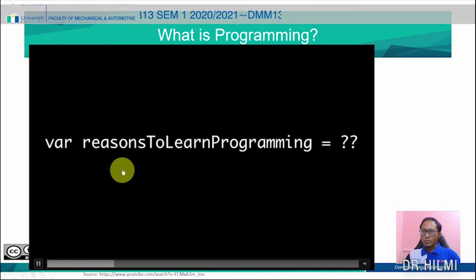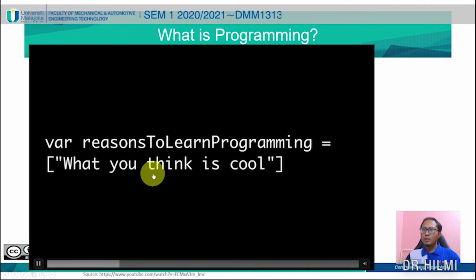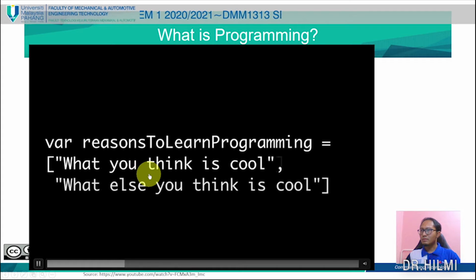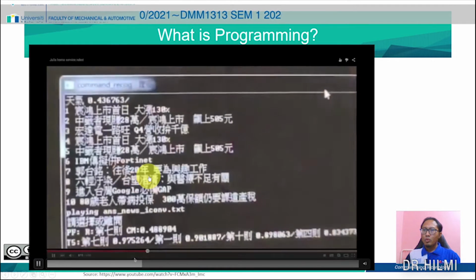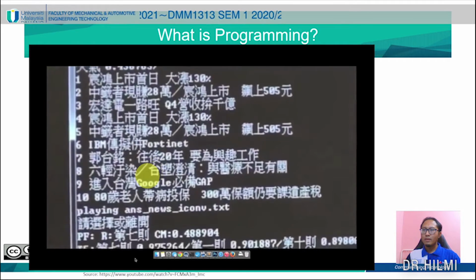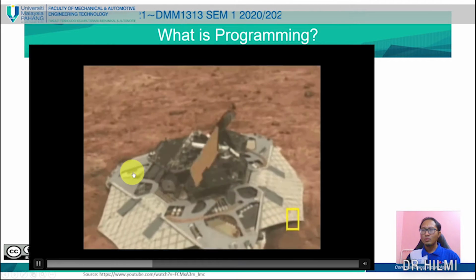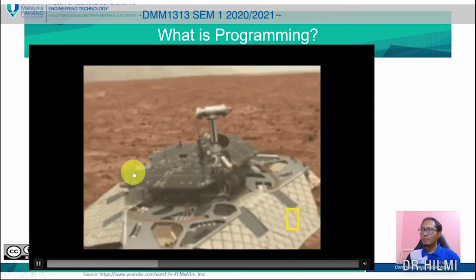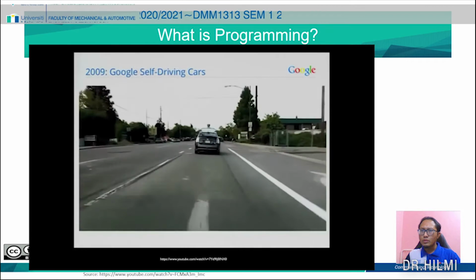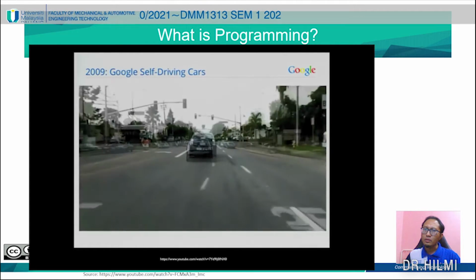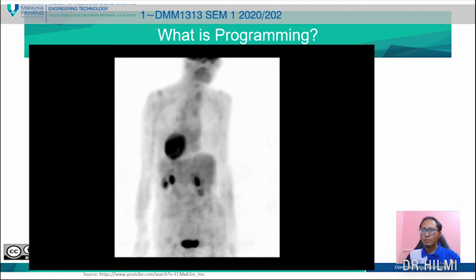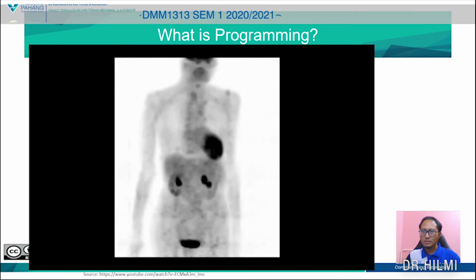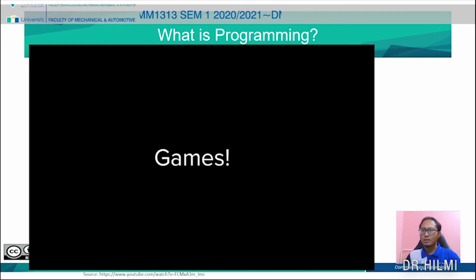One cool thing about programming is that you can use it for almost everything. Programs control robots, one of which we have sent to Mars to look for water. Programs also control self-driving cars, which tell when to accelerate and when to stop. Programs improve healthcare by diagnosing many diseases using huge amounts of medical data.